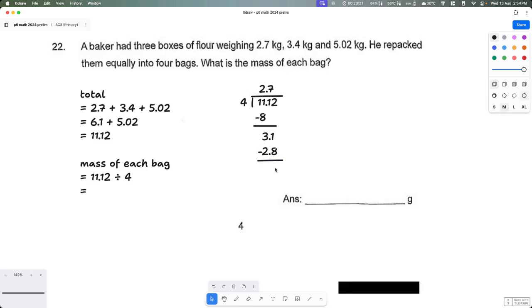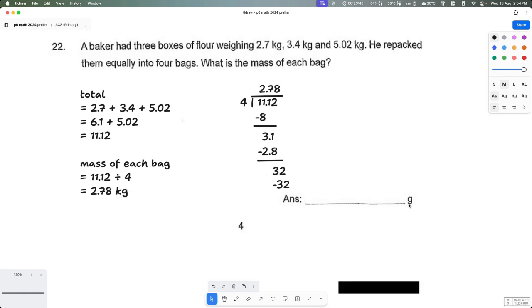This will give us 3. 3.1 is this, and then bring down 2. So that means 2.78 kg. Minus 32, we get the answer. So in this case, it's 2.78 kg, sorry, kg.